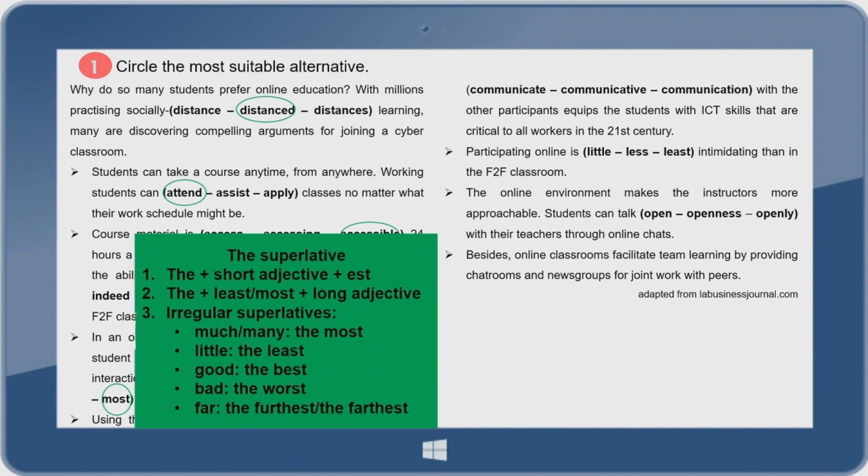So here is a reminder of the superlative form. The plus short adjective plus est, the plus most or least plus long adjective, and the irregular superlatives: for much and many, the most; little, the least; good, the best; bad, the worst; far, the furthest or the farthest. Let's continue.